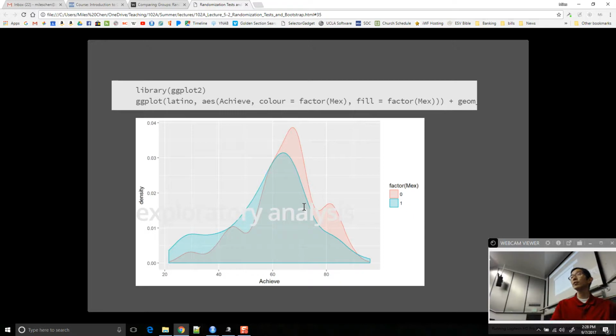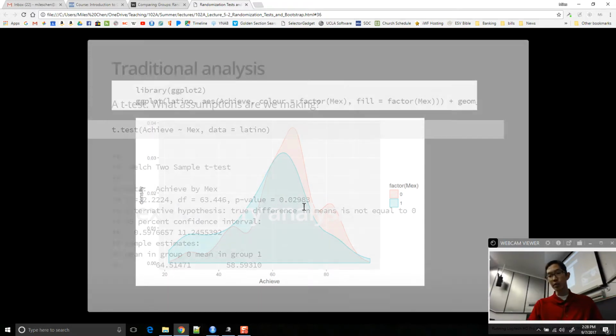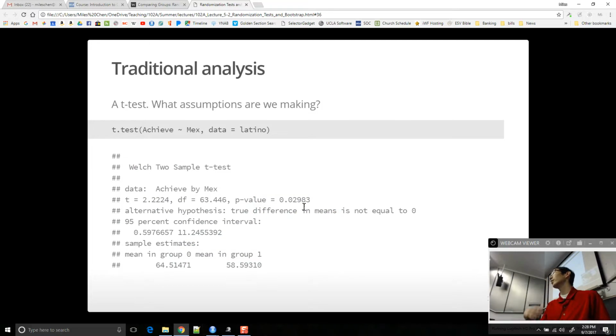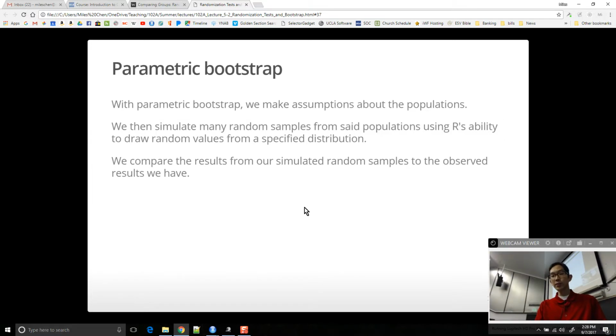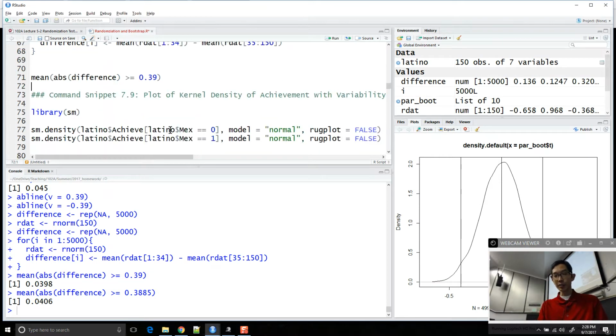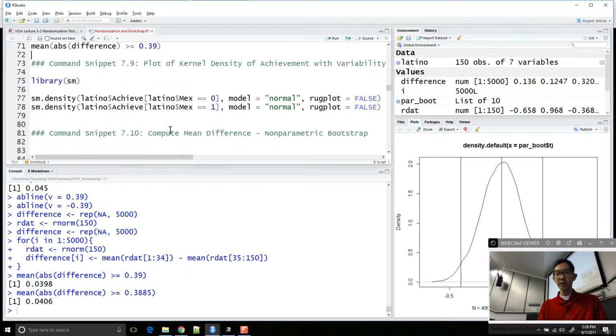Now, if you think the population has a different shape, then you would say the population has this shape, and generate your data according to that population. Then you ask, if I'm generating my data according to the normal distribution, how often is my randomly generated data larger than the observed data that I have? So you're trying to create a p-value through computer simulation.